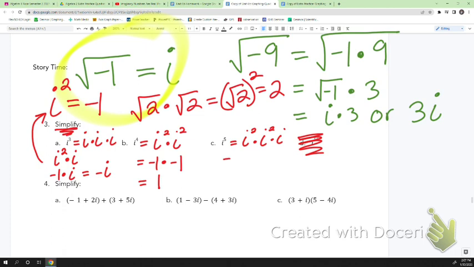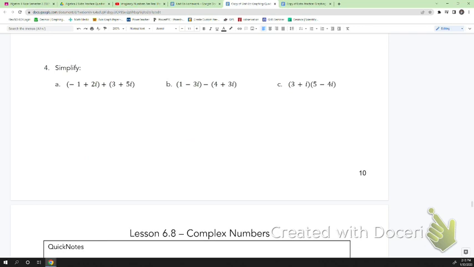The i squareds are equal to -1 times -1 times i. -1 times -1 is just 1. What are we left with? i. Okay.